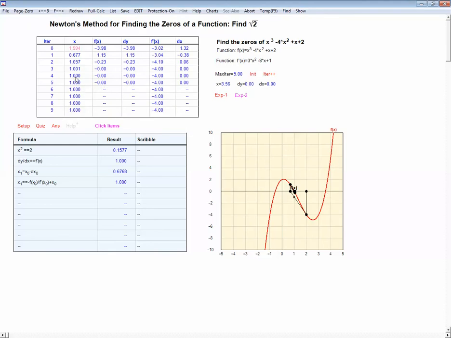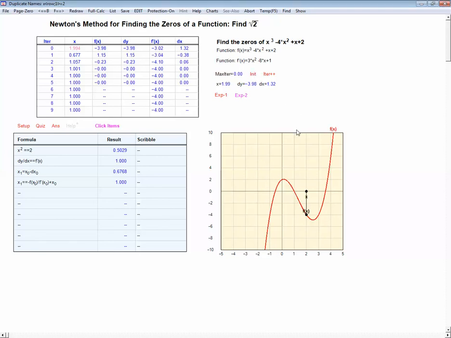And there it is, and it zooms down to 1. I have to go to my 4th iteration. Oh, there it is. Just didn't finish my calculations. So I get x equals 1, and that's my root.